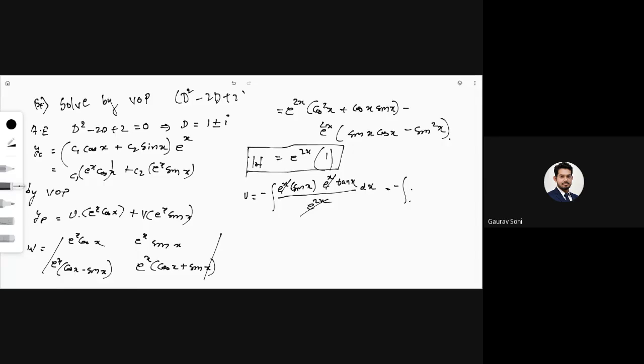I can write this tan x as sin x upon cos x. So what we will have here is sin square x upon cos x. So sin square x I can write it down as 1 minus cos square x upon cos x dx.